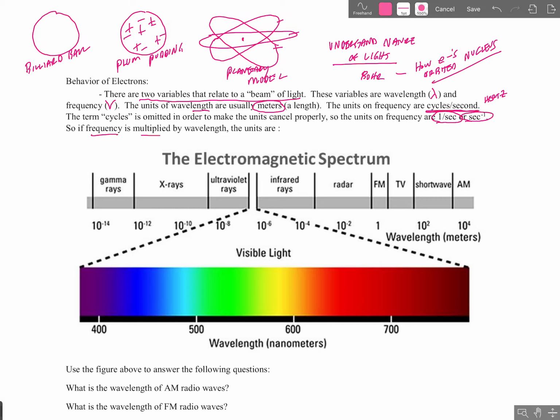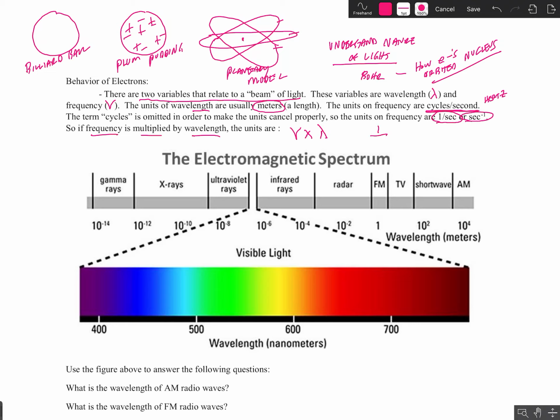So if frequency is multiplied by wavelength, what unit do we get? Oh, that's not wavelength. Hold on, let me fix that real quick. So frequency is multiplied by wavelength. What unit do we get? Well, let's see.